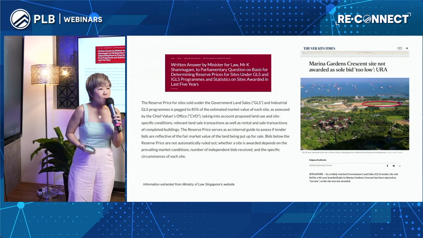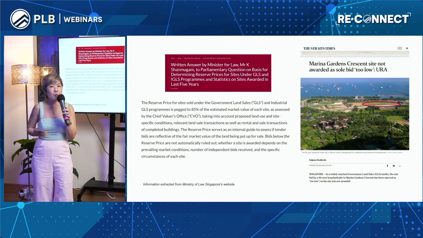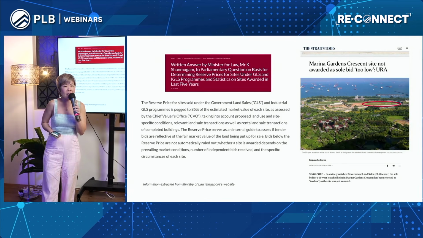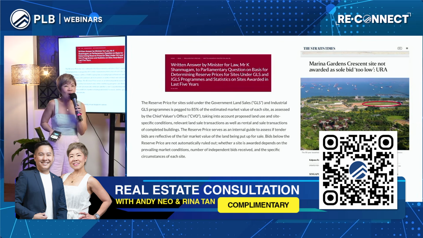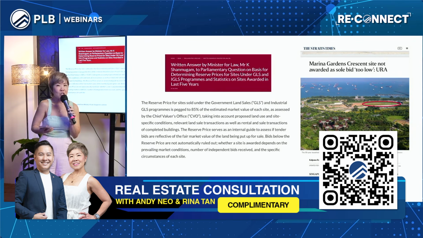A lot of the time we say land is getting more and more expensive, which is why when developers build and sell into the market, it raises property prices. Or is it that developers build smaller and smaller units, so they can sell at a quantum that is more digestible by the market?